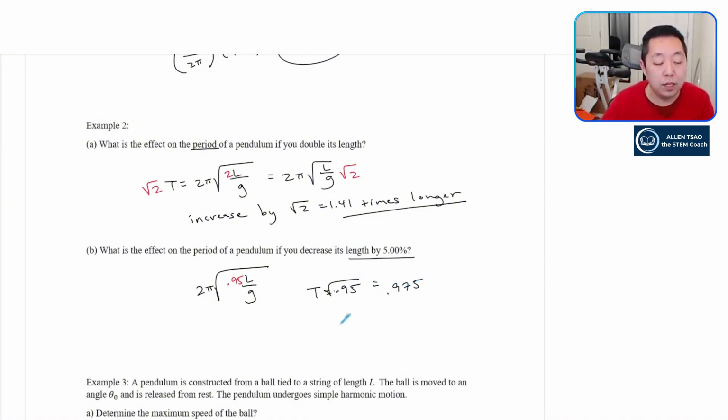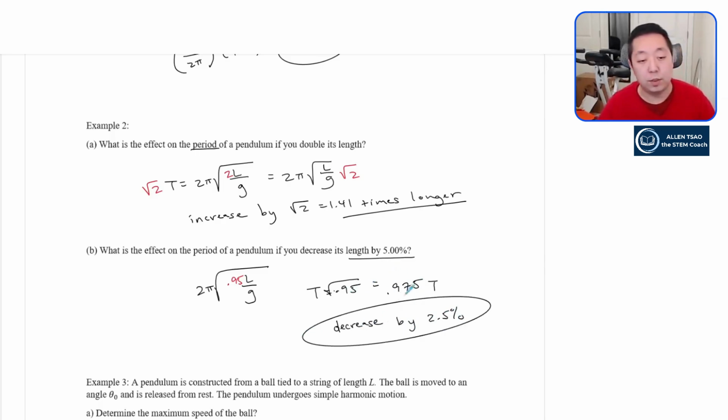And so it would decrease by 2.5%, because you would be multiplying it by a number less than 1. So you could say it's decreased by 2.5%, or it multiplies by 0.975.